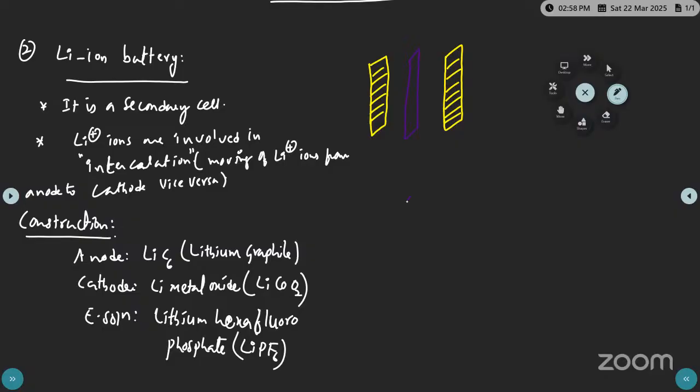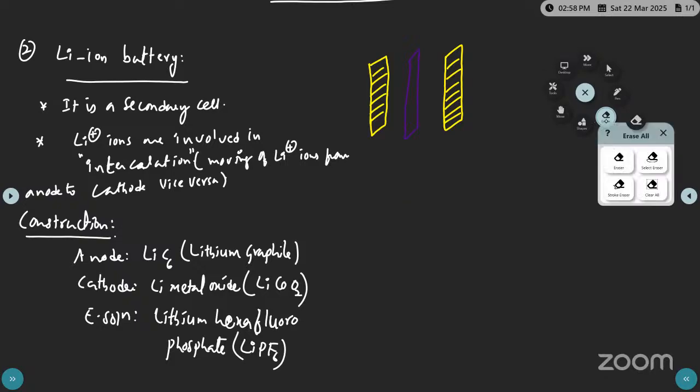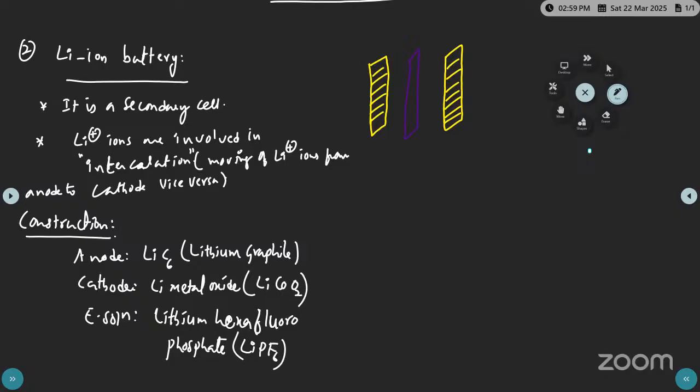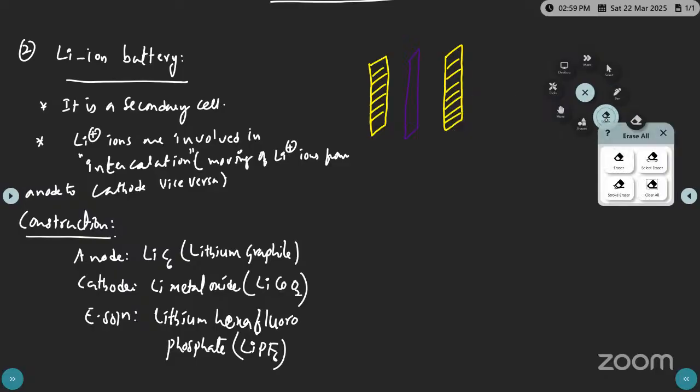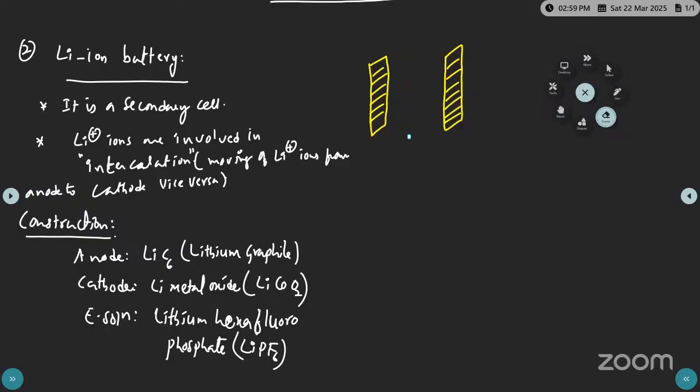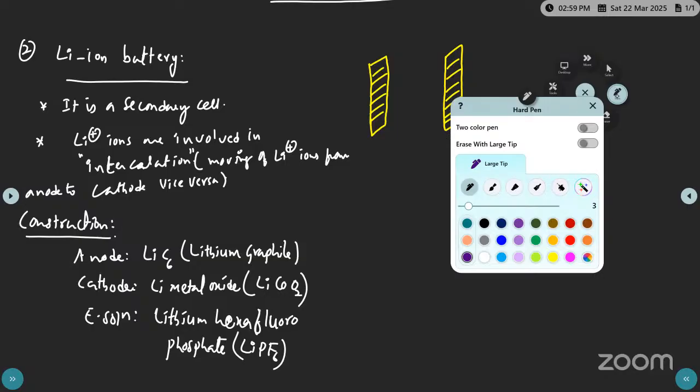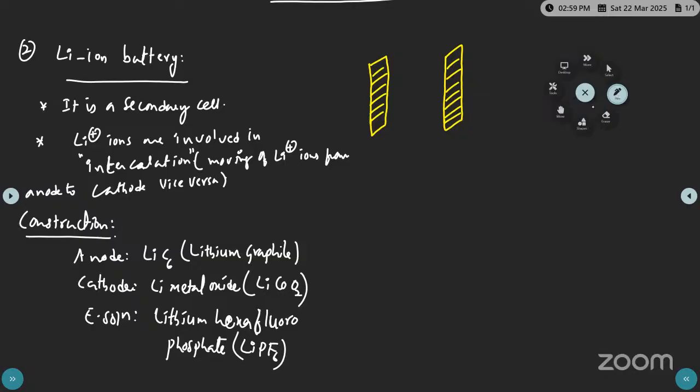Between these two electrodes, one separator is there.